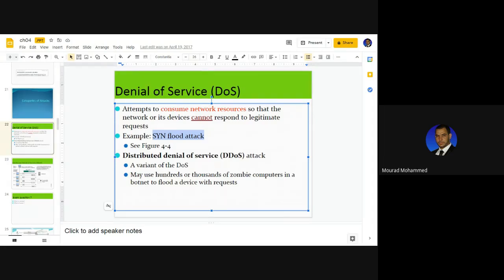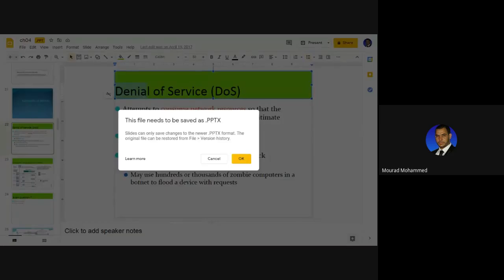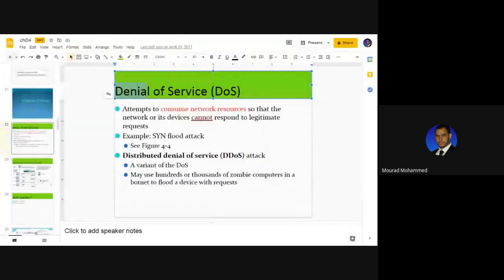It is just trying to finish the requests coming from the attacker and reply to the attacker. The list of requests is enormous. Thus, it is not able to reply to the legitimate requests, and thus the denial of service happens. This is an example only, the SYN flood attack.